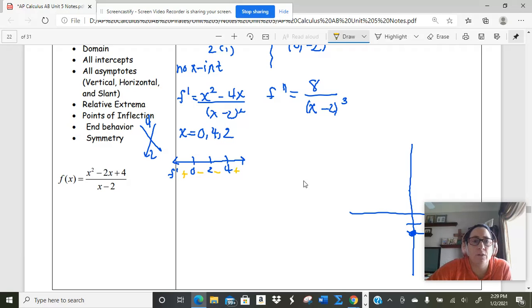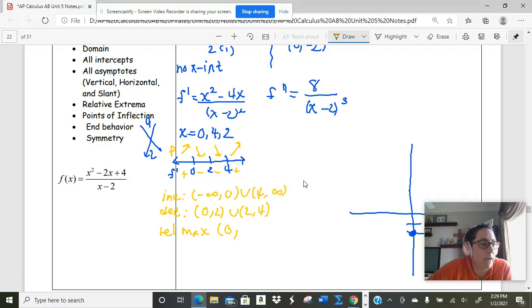So now I know what f is doing: increasing, decreasing, decreasing, increasing. So from here, I should be able to talk about where I'm increasing and where I'm decreasing. I can talk about where I have a relative max. I want to plug that back into my original, 0, 0, 4.